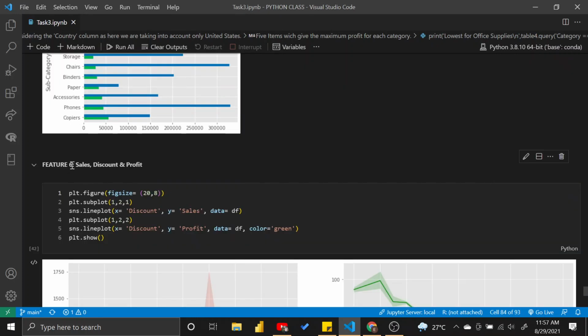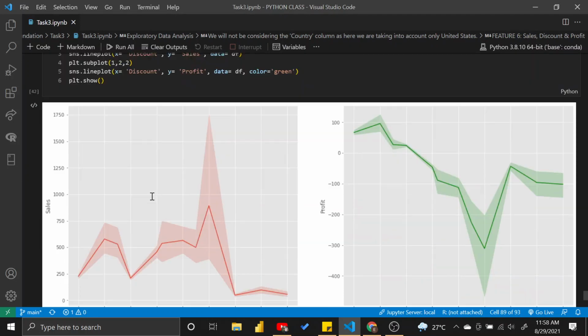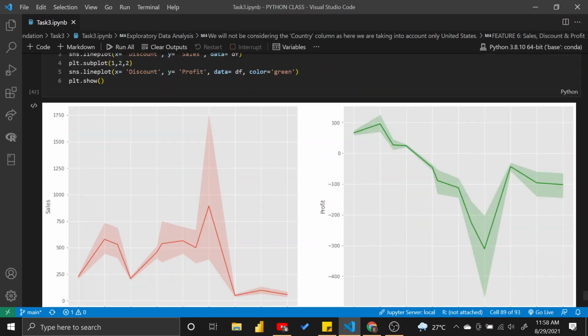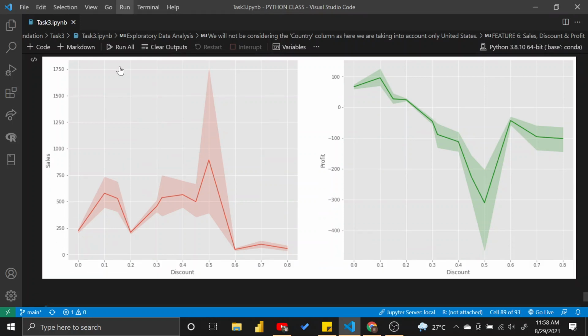Now here I'm comparing all the three, sales, discount, and profit. I'm not doing any univariate or bivariate analysis. In this plot, I've used a line plot. If you look at the graph, you can see a pattern here.